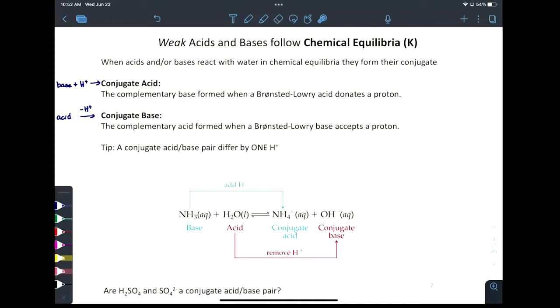So we have to come up with some definitions here that we need to use. So we know NH3 is a base, right? It's a weak base. But when you put it in water, it grabs an H plus to make NH4 plus.